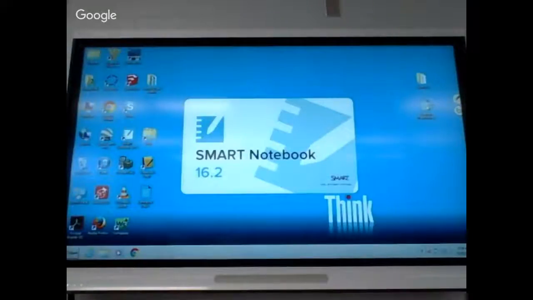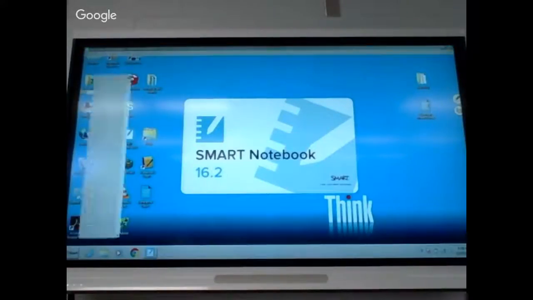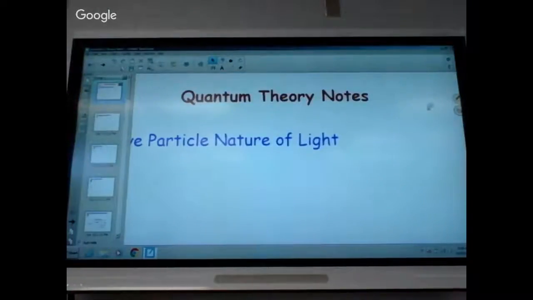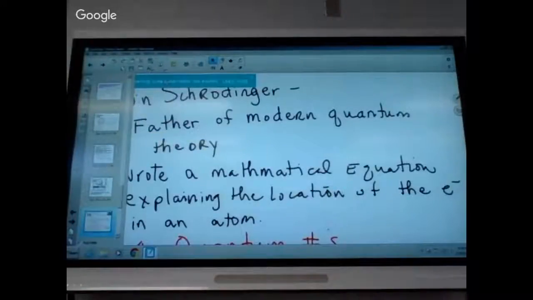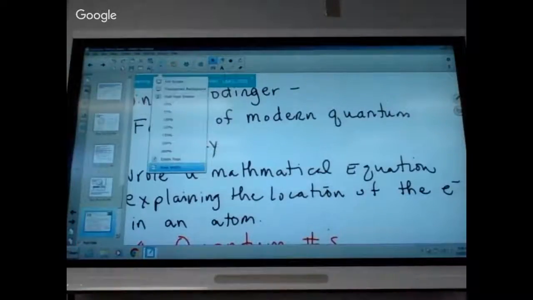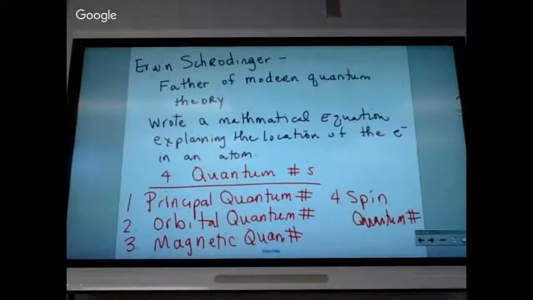I saved our notes from Friday so that we have what I had on the board and I can go back to it. All right, so we said there were 4 quantum numbers, right? Principal, orbital, magnetic, and spin.